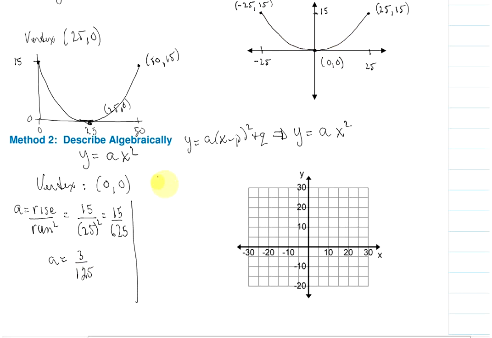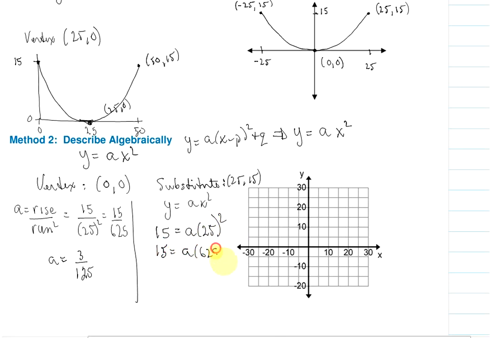The other way we can do this is to use a substitution point. Why don't we use (25, 15) and substitute it into y equals ax squared. So y is 15 and x is 25, which gives us 15 equals a times 625.